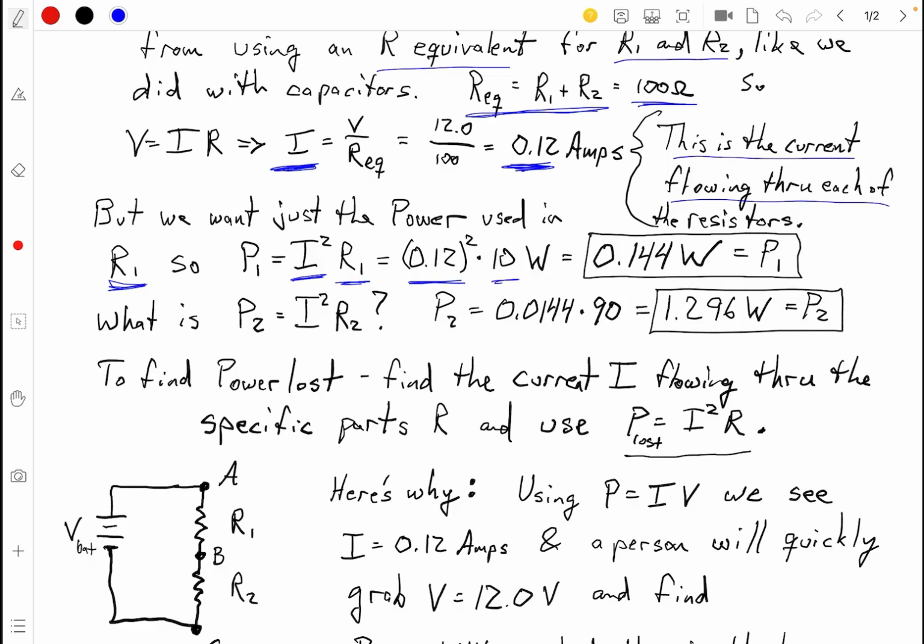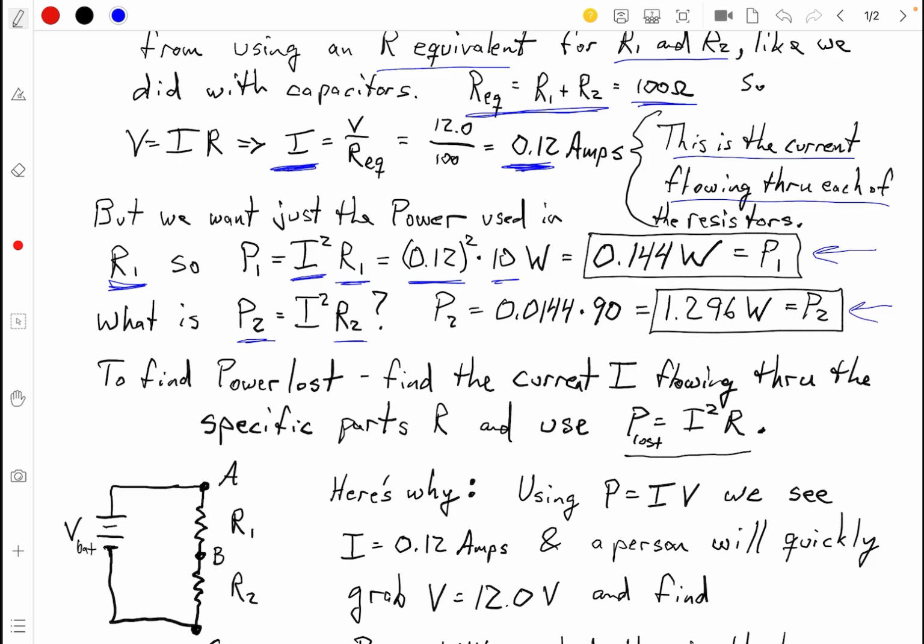Well, that ends up giving us this as our power. This is the correct answer. And if we want to do it through R2, then we square our current again and we multiply by 90 ohms, which is going to give us 1.296 watts.